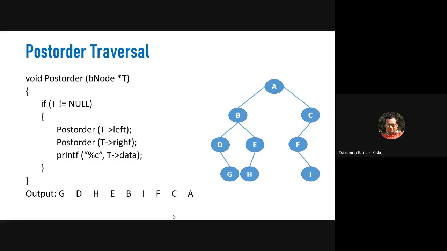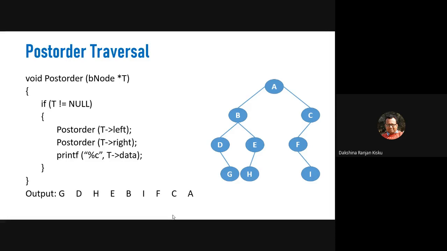Therefore, after visiting H, we will be visiting E, and once the visiting of the left subtree is completed, we will be looking at the right subtree of A. Here C, F, I, these three nodes are part of the right subtree of A. After node B is printed, we will be printing I. I is the right subtree of F. Since there is no left subtree of F, we visit I first.